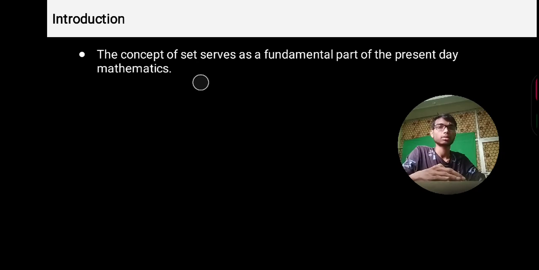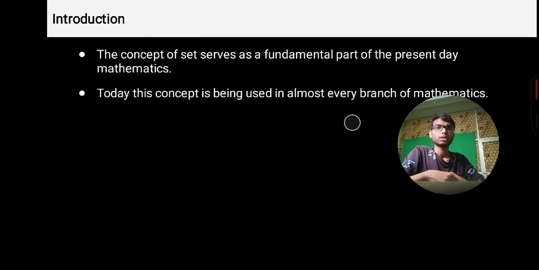It is saying that a set is a fundamental part. Whatever we are studying in mathematics in our life, set is just a part. Set is just a part concept of the mathematics that we are using in our daily life.